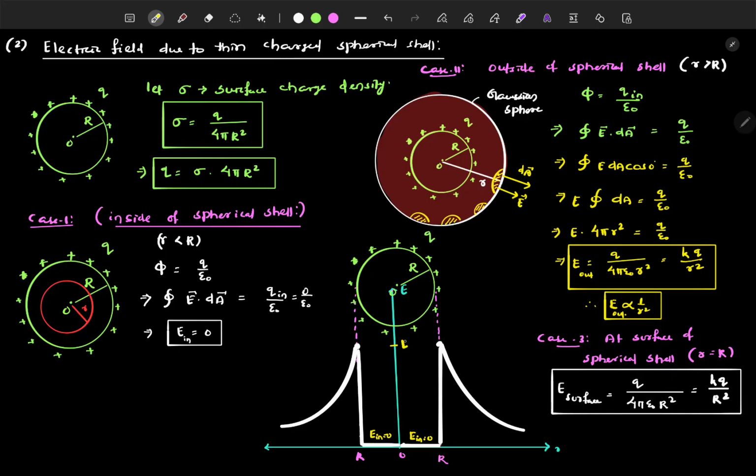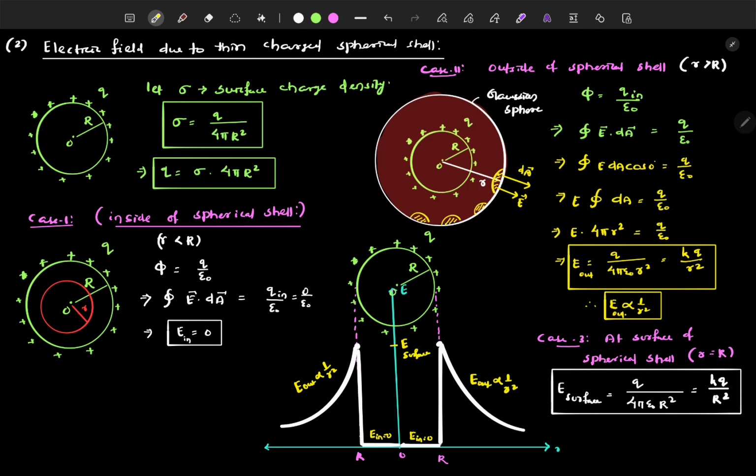This represents E on surface, and it is your E out proportional to 1 by r square. In the left side also, E out is proportional to 1 by r square. So this is the nature of this E versus r graph. I hope it is clear. This is about your electric field due to a thin charged spherical shell.